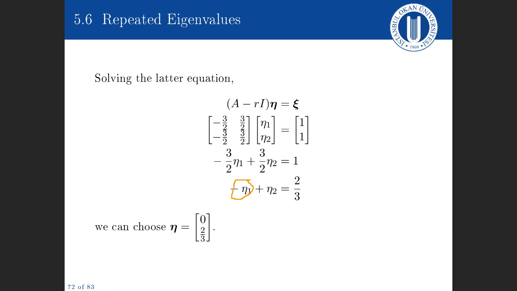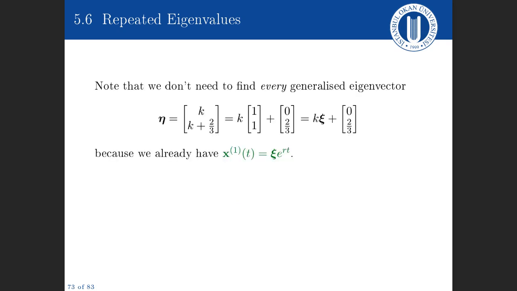If you wanted to, you could do it another way. You could choose eta 2 is 0, or any number that you want, really, and then you could read off eta 1. Now, let me just note, we don't need to find every generalized eigenvector. Last time I did this, when I was trying to explain the ideas, I tried to put a k in and to find every generalized eigenvector, but we don't need to do that because we already have our first solution.